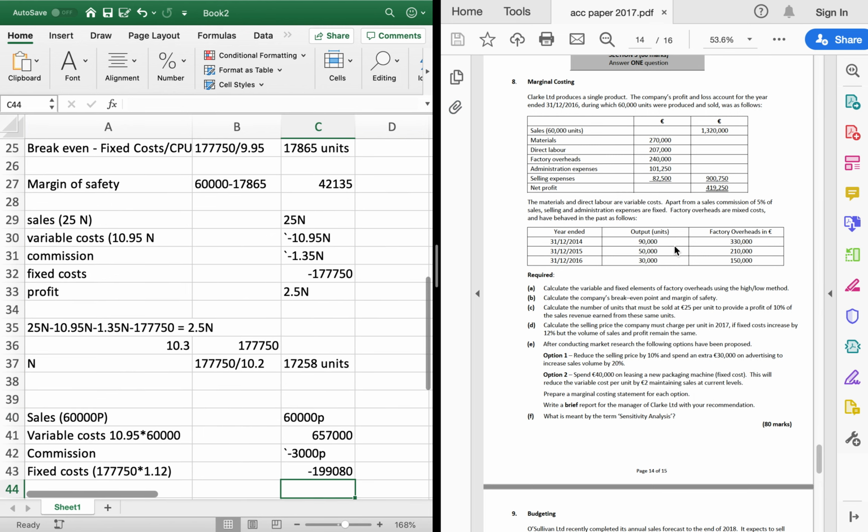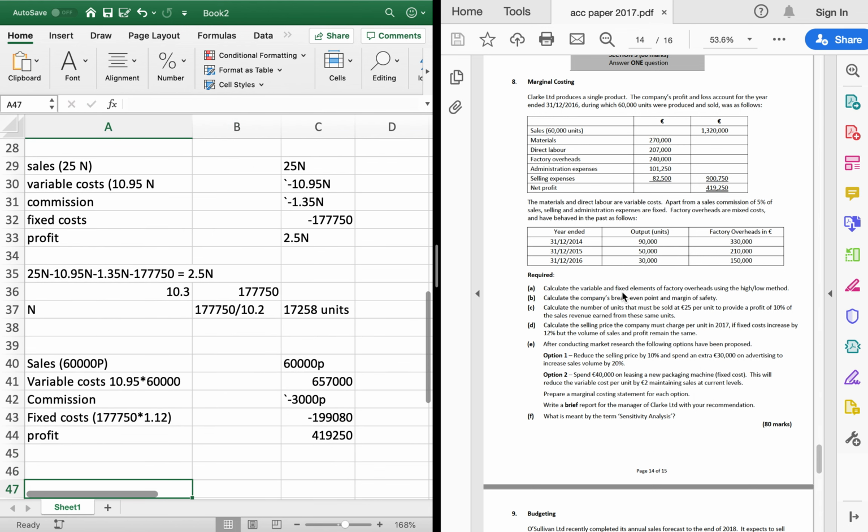So the profit has still got to be 419,250. So now with 60,000p minus 657 minus 3,000p minus 199,080 equals 419,250.